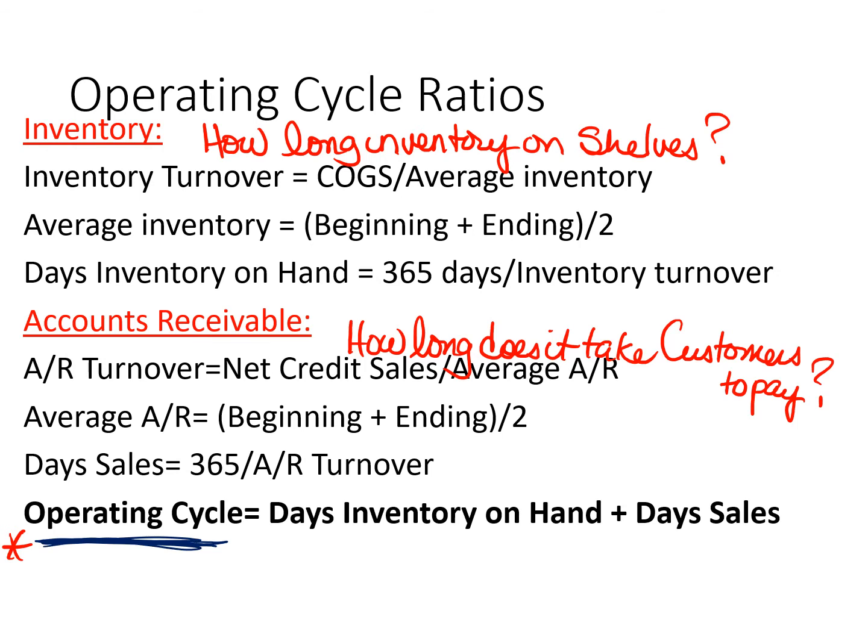And what the operating cycle is when you start the year or the period, you have cash. And at the end of the period, or the end of the operating cycle, you're going to have cash.